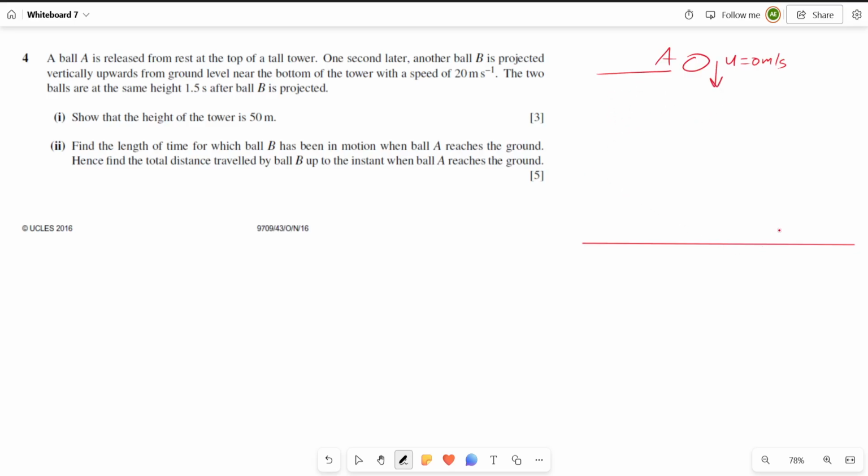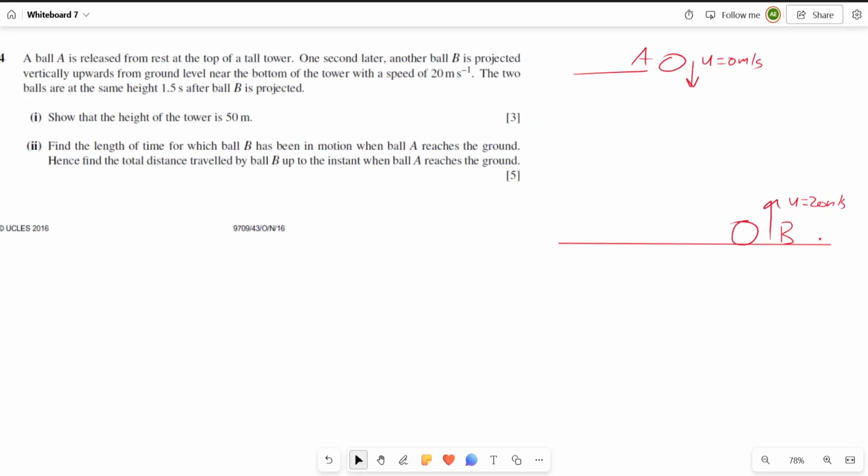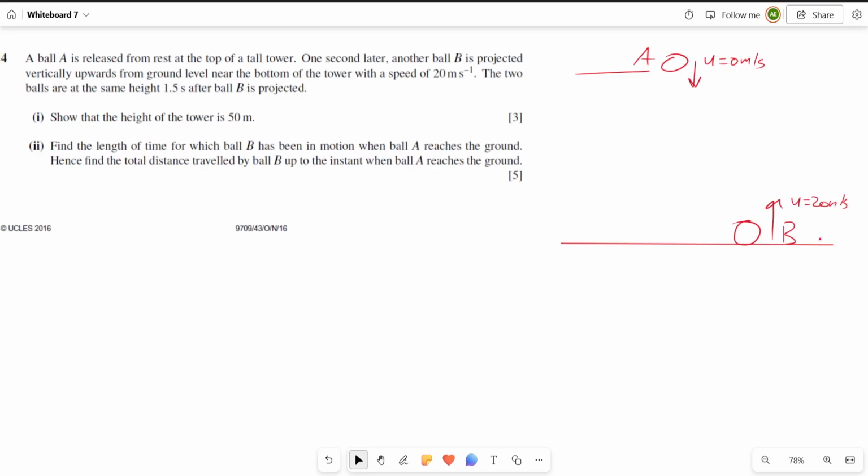Then we have another ball, ball B. It's projected upwards with a speed of 20 meters per second, so U equals 20 meters per second. However, they were not projected at the same exact moment. A is released, and then B is released after A by 1 second.